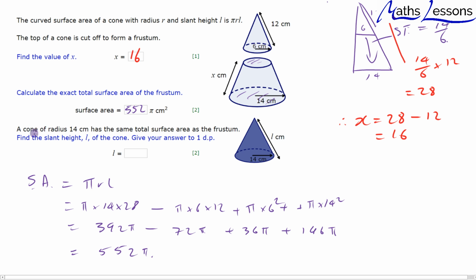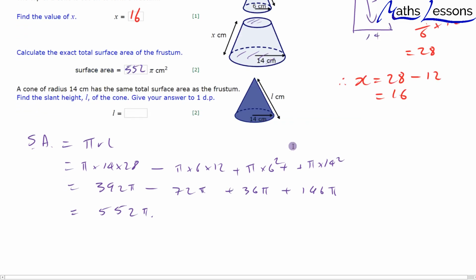Now the cone of radius 14 has the same total surface area as this frustum here. So we want to find this slant height L here. For this one, the total area is going to be pi times r, which is 14, times L, but we've also got to add on the end, which is pi times 14 squared.